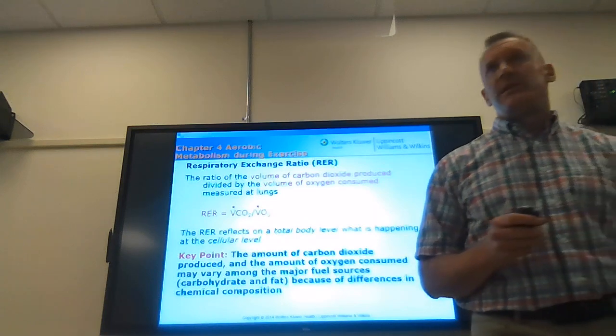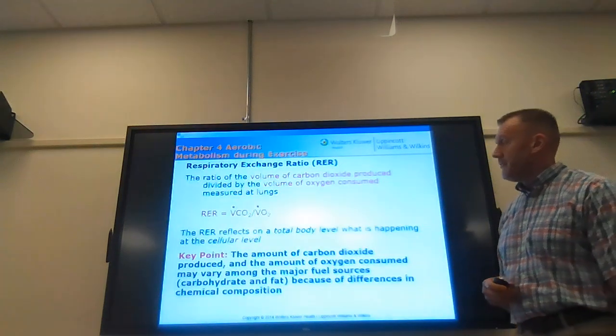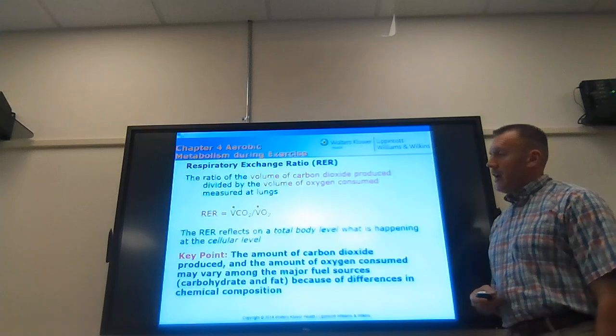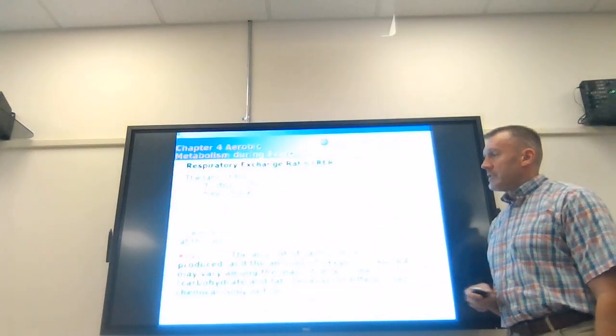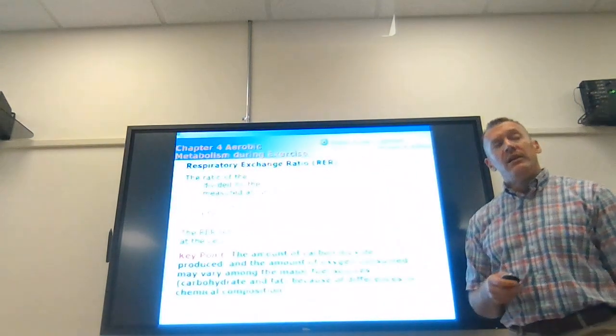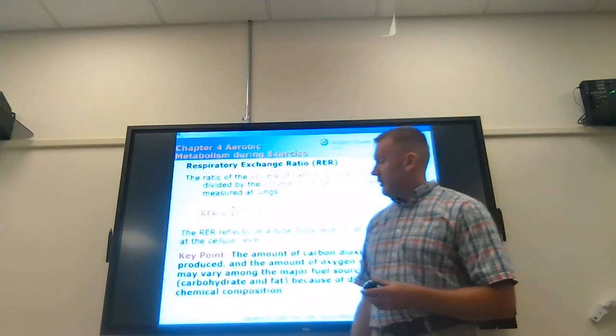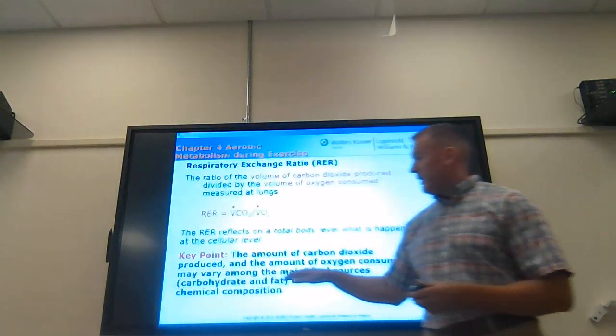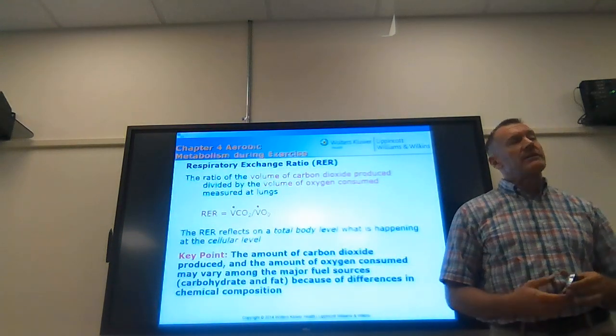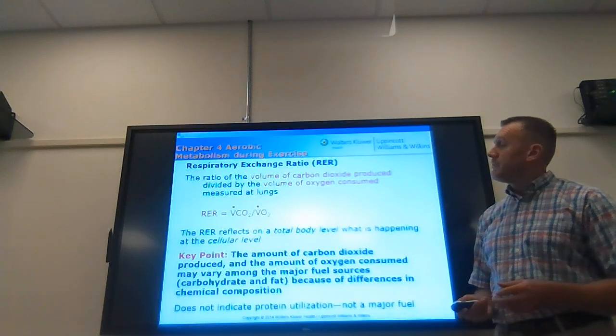It has to do with the differences in chemical composition. The amount of carbon dioxide produced and the amount of oxygen consumed will vary based on whether we're using predominantly carbohydrates or fats. Let me show you how this works.